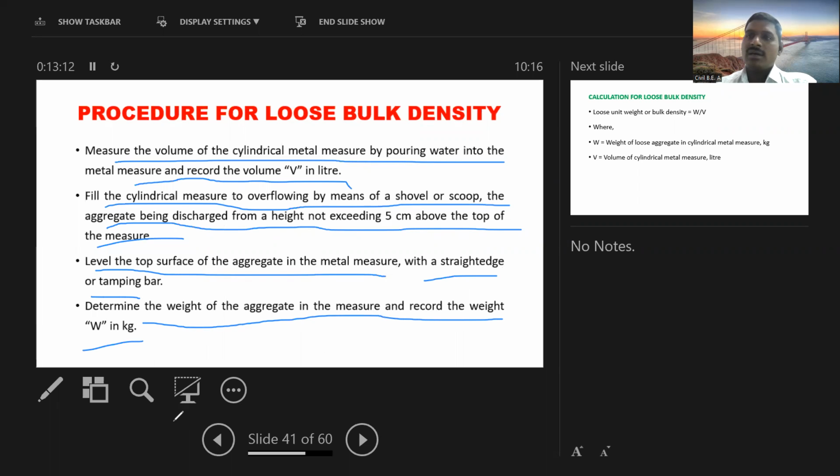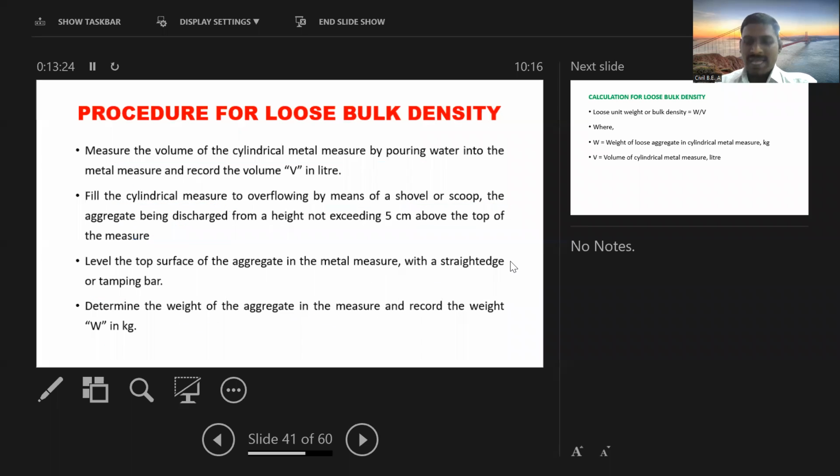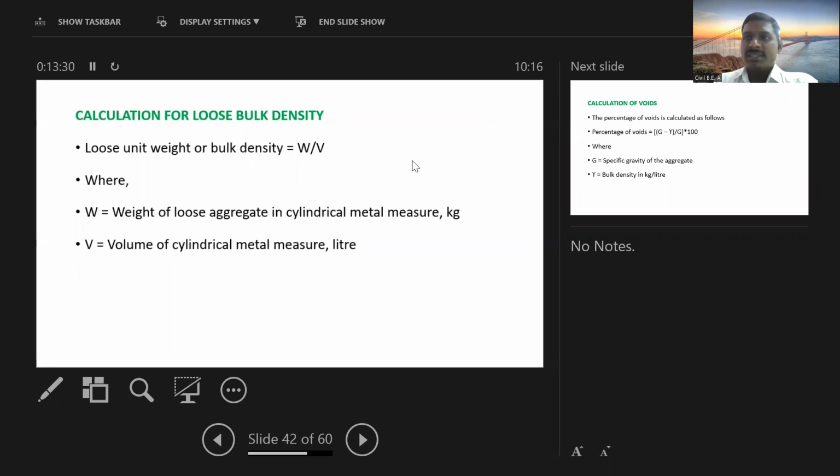So after filling the aggregate into the cylinder, we have to measure the weight. That measured weight is in kg, and the volume of that particular cylinder is V. So W by V, where W is the weight and V is the volume.